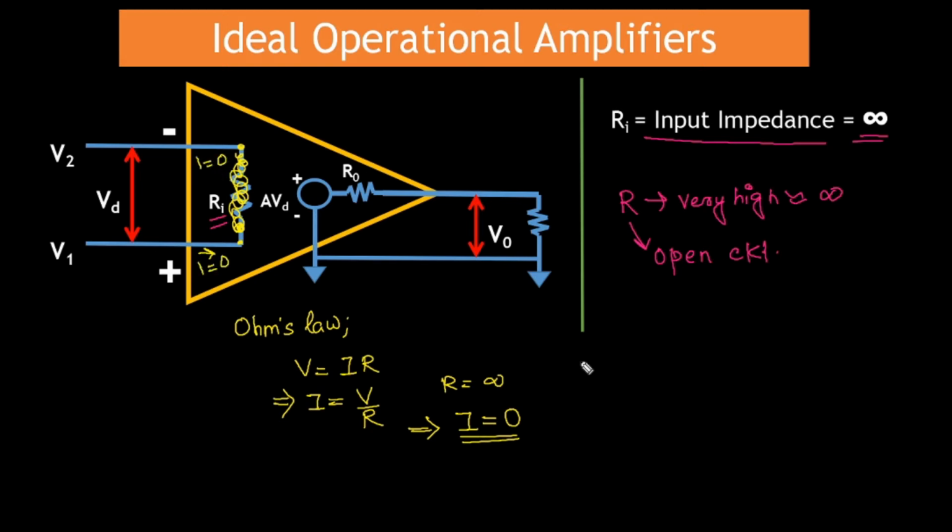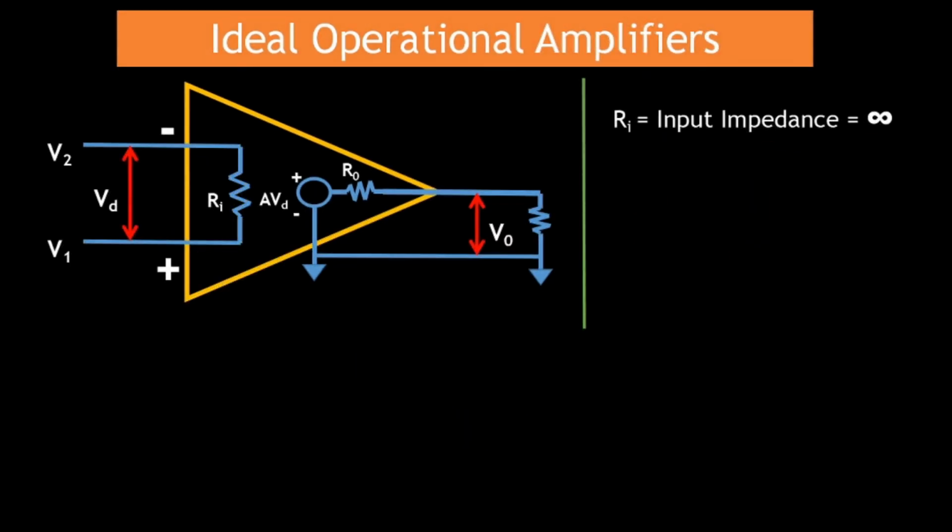This is one of the most important characteristics of an ideal op amp: there is no current flowing into the op amp through its inputs. I repeat, there is no current flowing into the op amp from its input side. This property will be used to solve various problems in the future, so please don't forget it.